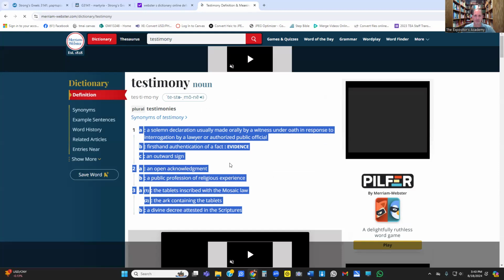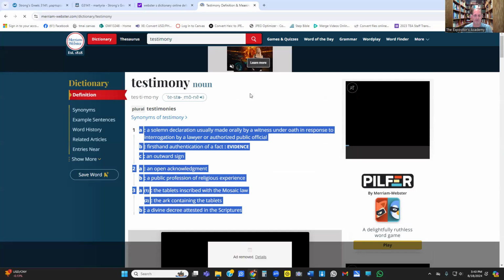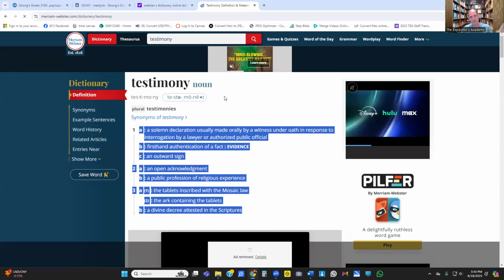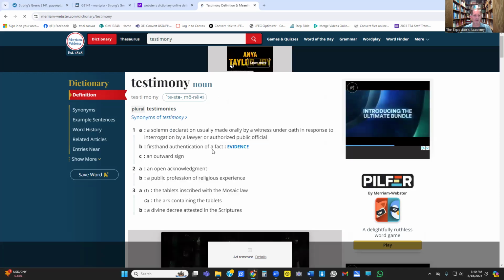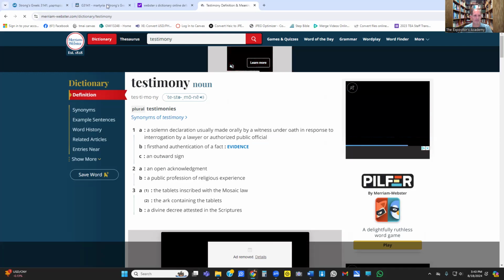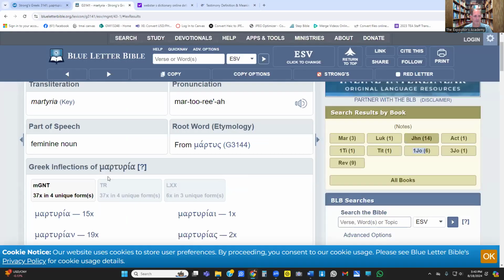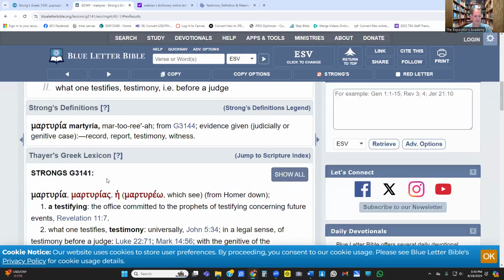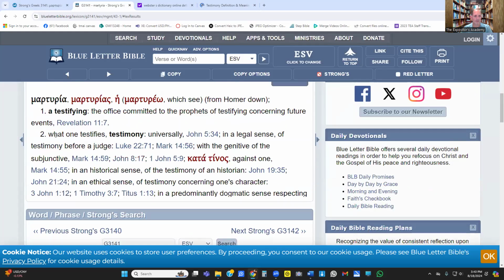If you want to identify a little more exactly from the English, you can do that. Again, remember, it's the Greek word we're interested in, but since all of them are translating it with the same English word, it might be helpful to understand what that English word is. Okay, but you can get more insight. Just go back to Martyria and look at the definition here. What one testifies, testimony.